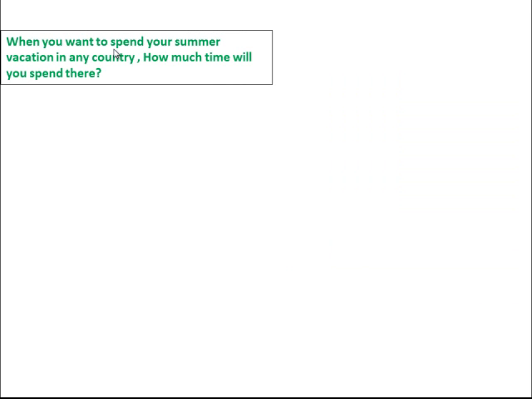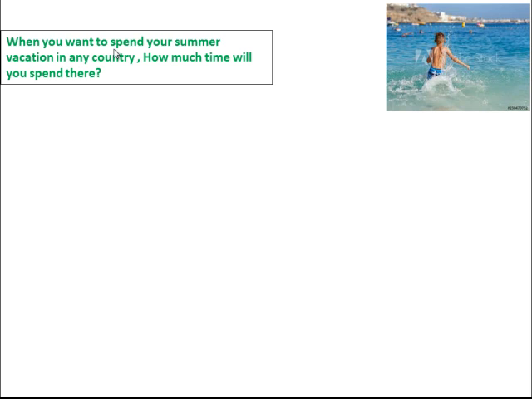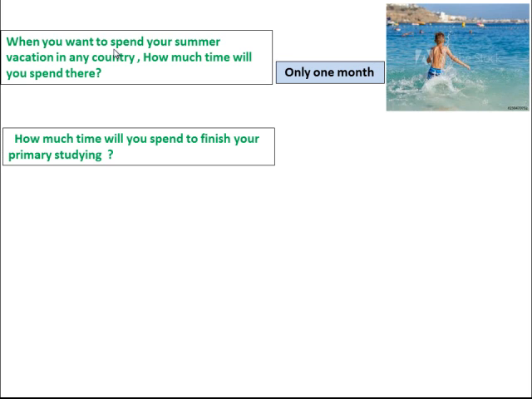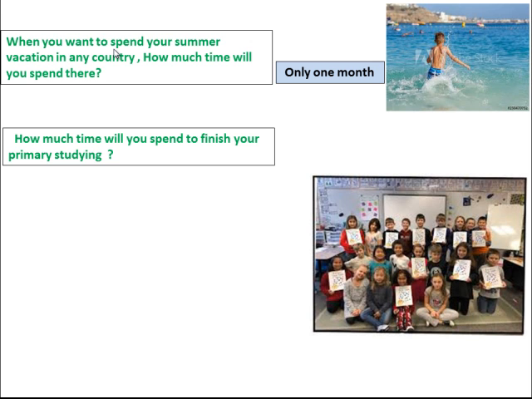When you want to spend your summer vacation in any country, how much time will you spend there? Maybe 1 month. When you want to finish your primary studying, how much time will you spend? Maybe 1 or 2 years.